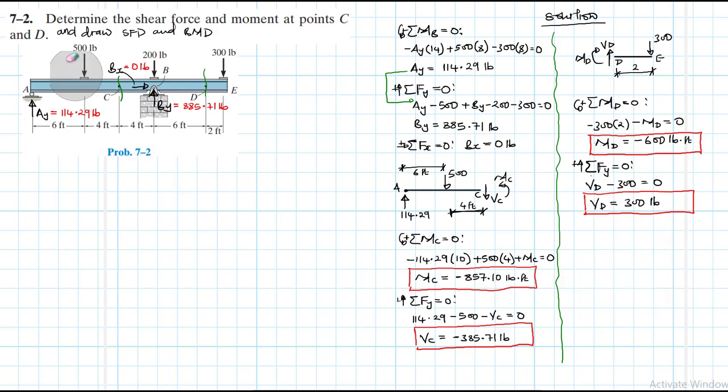So we now want to draw the shear and the bending moment diagram. We are going to use the two differential equations that relate the distributed force to the shear force and shear force to the moment. The rate of change of moment with respect to x is equal to shear, and therefore moment itself is the area under the shear diagram.